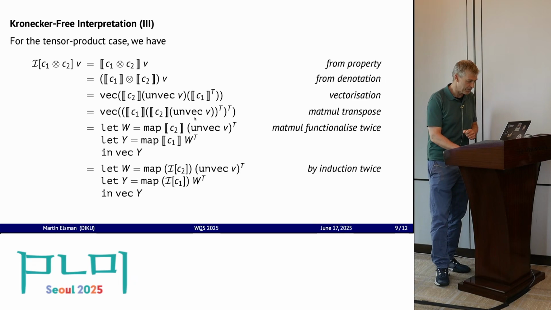They cancel out, of course, in some cases. And then we get these. Then we can use the matrix multiplication functionalization trick twice here to get these let bindings, and then we can apply induction to actually call the interpreter recursively instead of generating the Kronecker product. Okay, so there's no full matrix here.